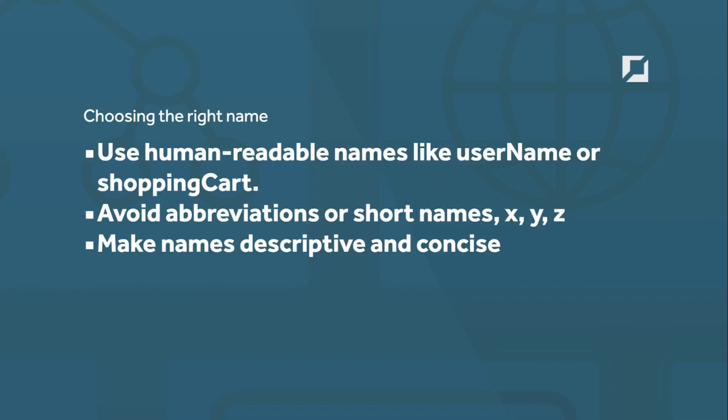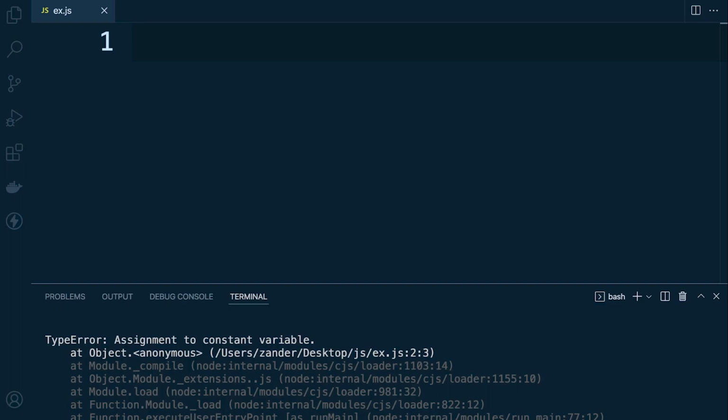Previously, we mentioned that we should be trying to utilize human readable names like username or shopping cart. So something else to think about when you're building an application is the terminology that you're utilizing, and utilize that terminology to help guide you create variables or names for variables and constants. So let's just presume we're building some sort of login application.